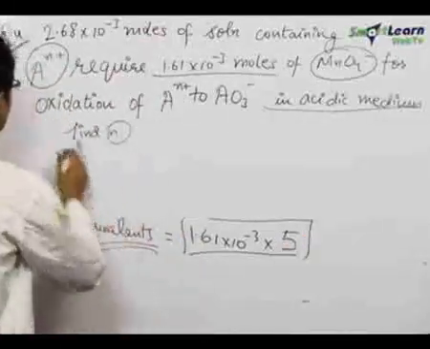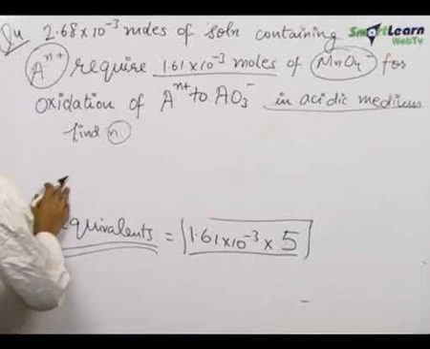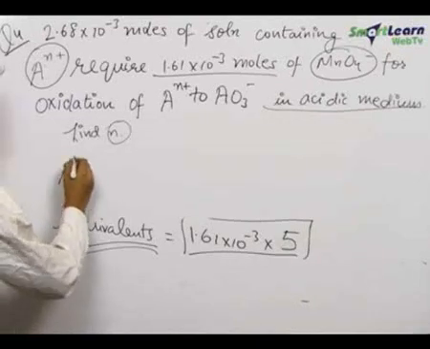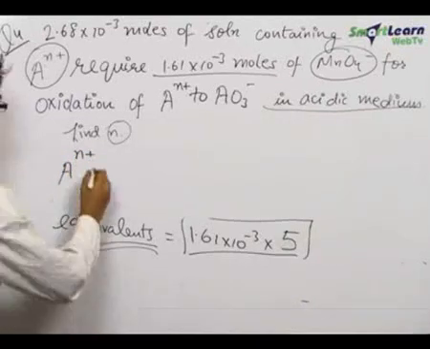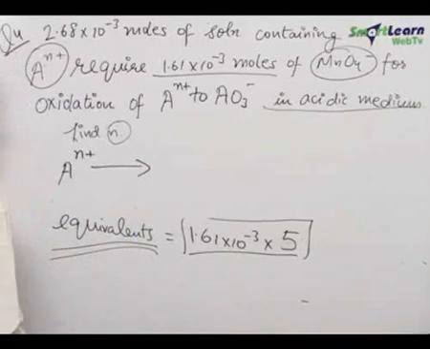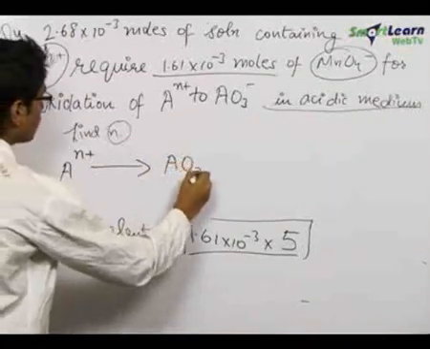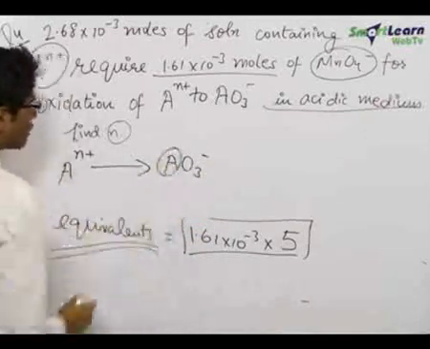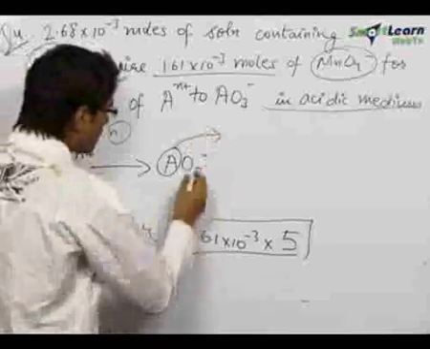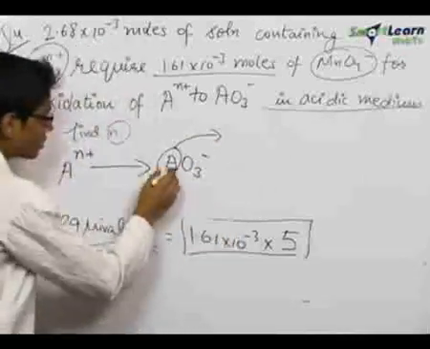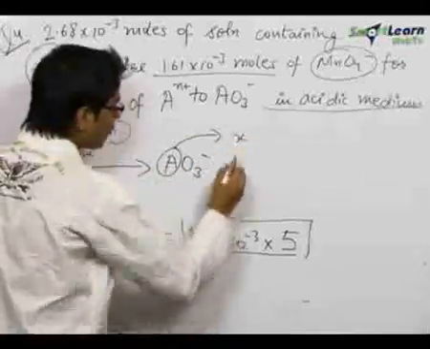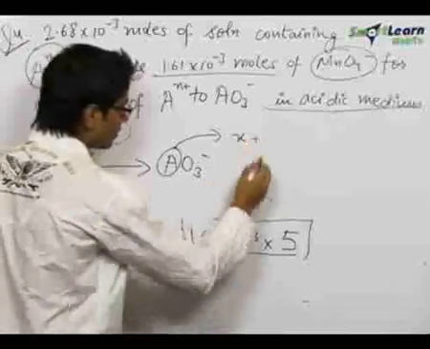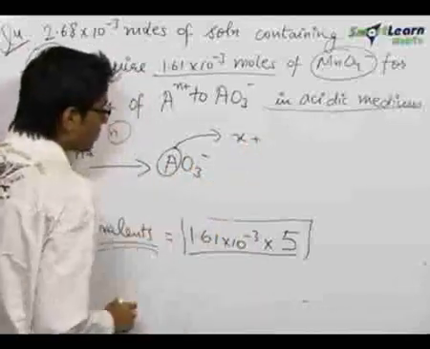Now we write down the equation for A^n+. This A^n+ is getting oxidized to AO3^-. Let us consider the oxidation state of A to be x. The oxidation state of oxygen is minus 2.